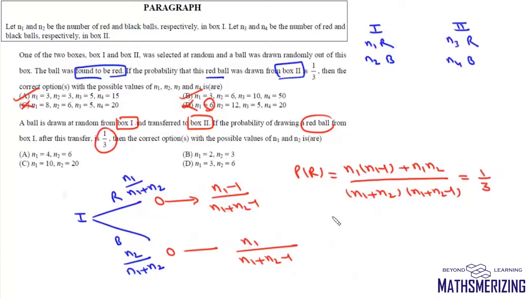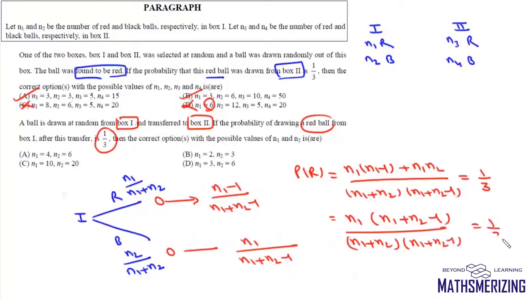Now here if we take N1 common, we can write this as N1 plus N2 minus 1 upon N1 plus N2 upon N1 plus N2 minus 1, and this is 1 by 3. Now here it will cancel, so this probability N1 upon N1 plus N2 will be equal to 1 by 3, or 2 N1 must be equal to N2.